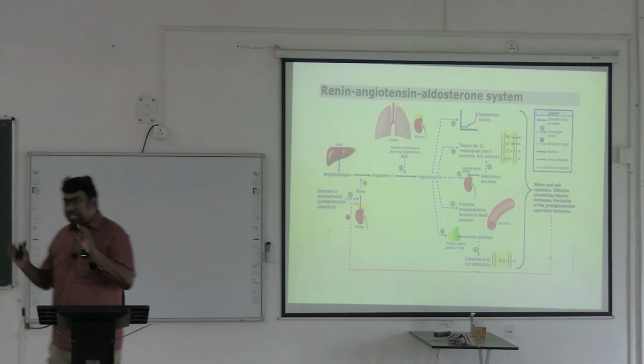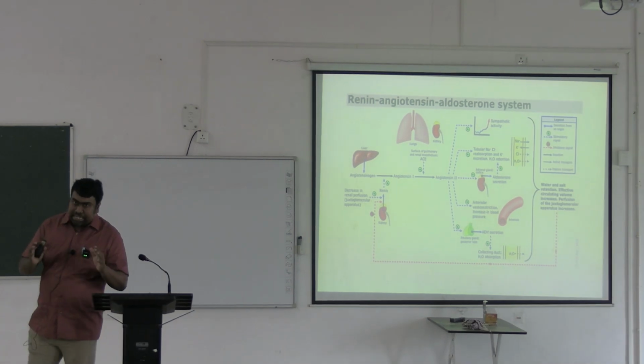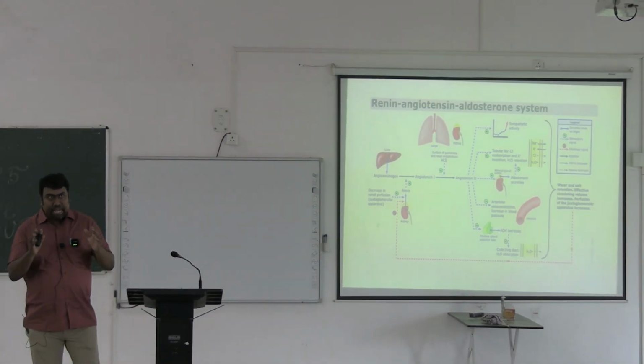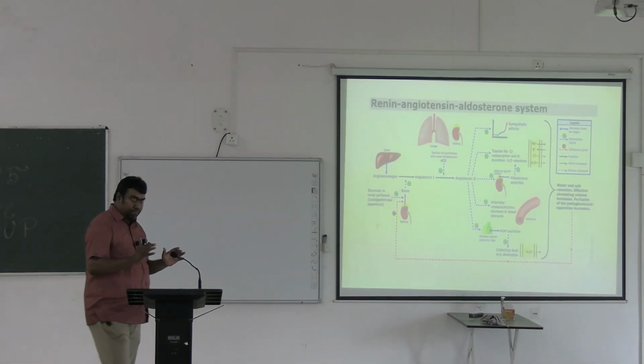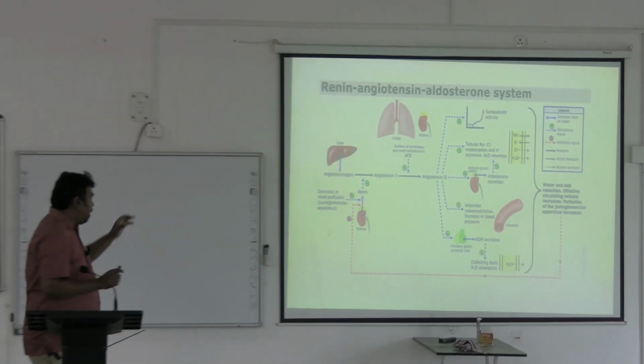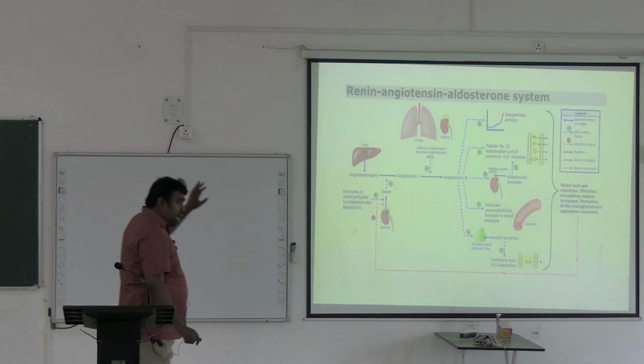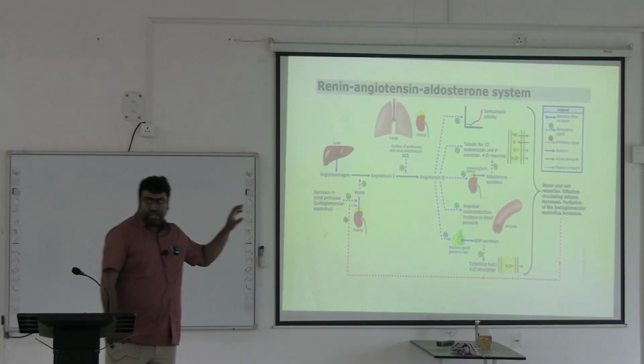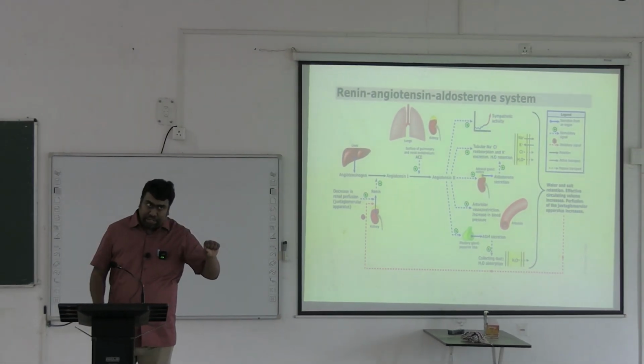So first, ACE inhibitor. How it acts? Mechanism of action of ACE and ARB as an antihypertensive. How it can act? So first, angiotensinogen is synthesized in liver.